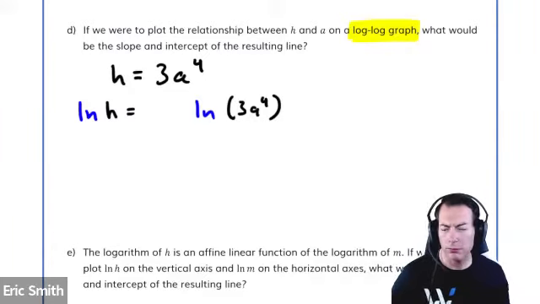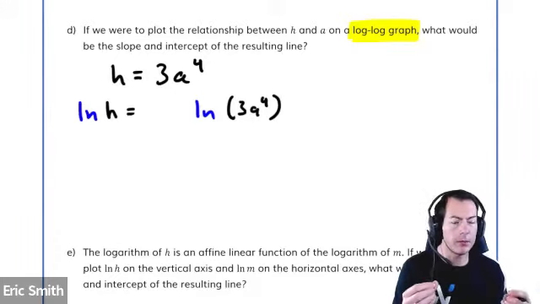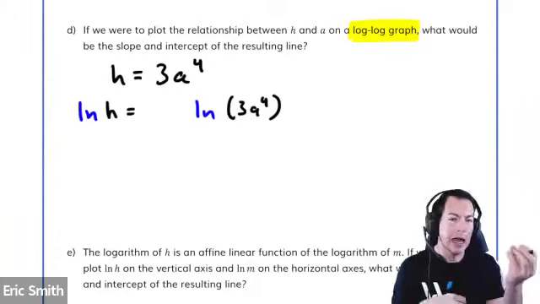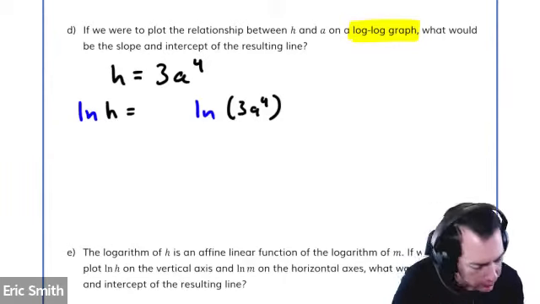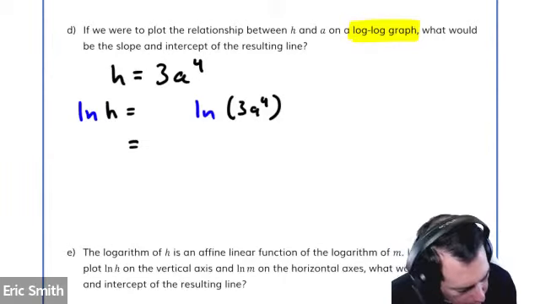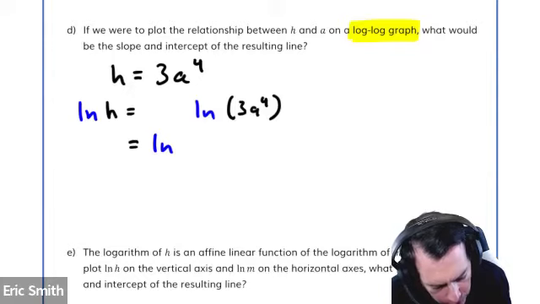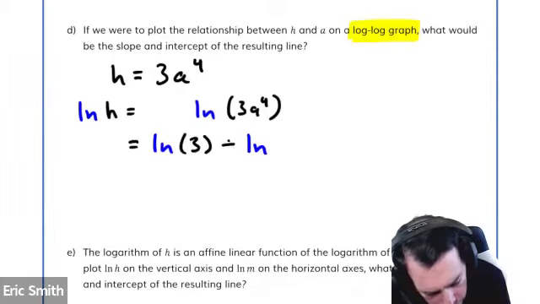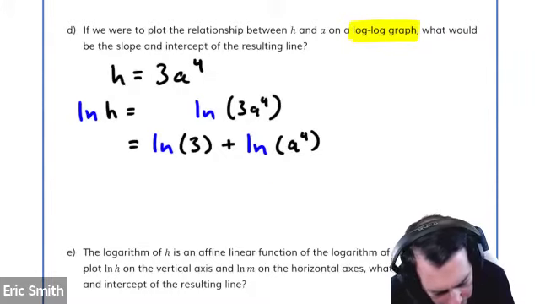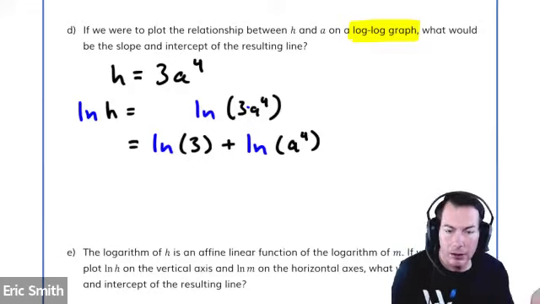Okay, now in terms of rules of logarithms, there's only a couple that we need to use. We're going to split things up according to multiplication. Any powers are going to come down in front. Let's see what we got. So the first one, we'll take our natural log, it will split up. I'm using this one because the 3 is being multiplied by the a to the 4th power.